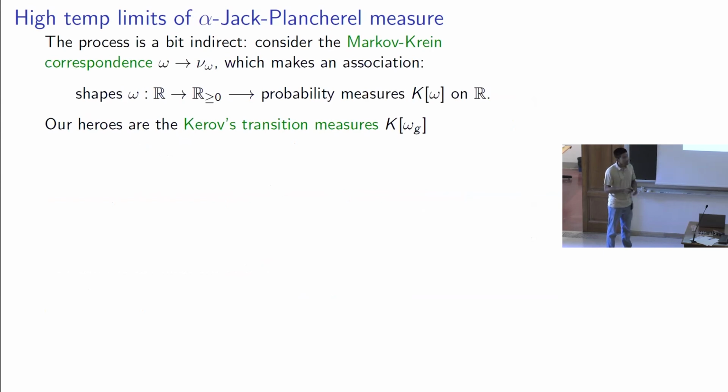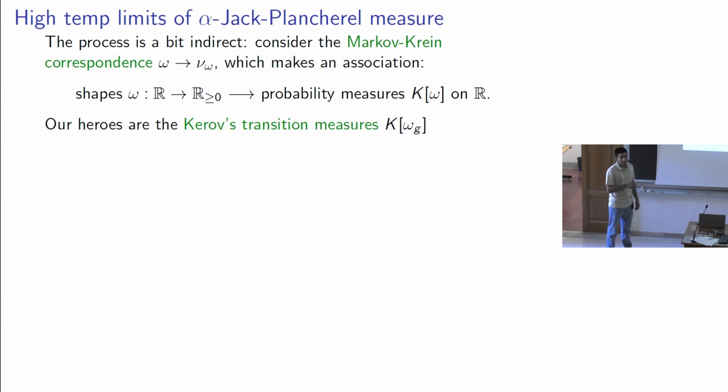It's not extremely direct, and it involves something that was mentioned in the previous talk as well. I don't want to talk too much about what this is, but it's called the Markov–Krein correspondence: to each limit shape omega, it associates a probability measure nu omega. There's some kind of procedure, and this is called the Kerov transition measure of the limit shape.